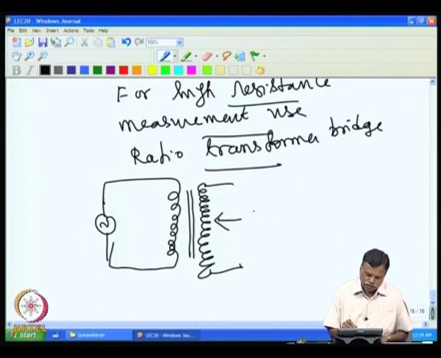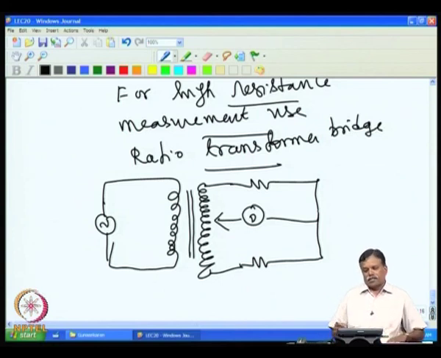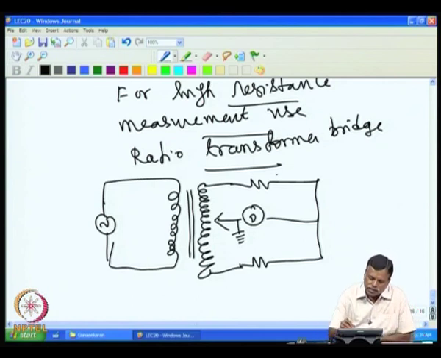Then, for example, I put a detector here, then I put one resistance, then another resistance here, and then I connect this to ground. This is the ratio transformer bridge. This is the resistance which is to be measured, R measured, and this is R reference.